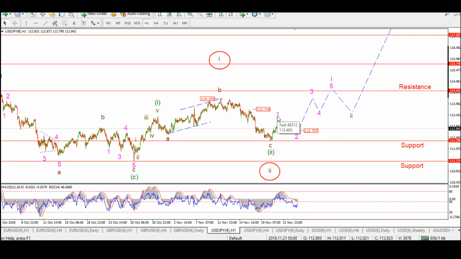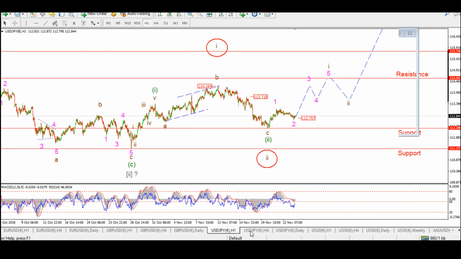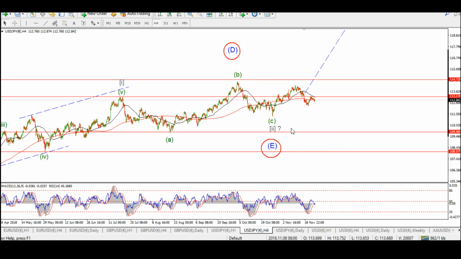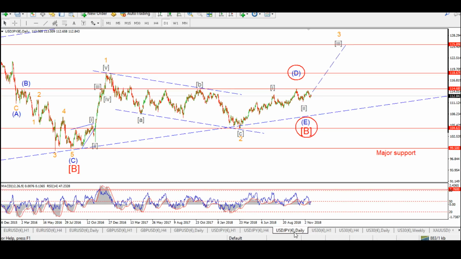Okay, we've got dollar yen here. That's the hourly chart. Let's go to the 4-hour chart. Again, on dollar yen, I'm a little bit, like I said, between two stools here. The alternate count shows a very large triangle, which would be completing in a wave E here. Go to the daily chart.